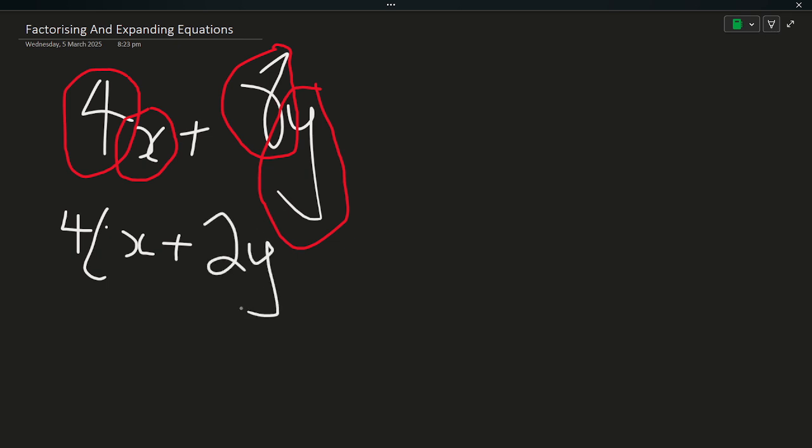Yep, so your answer is 4x plus 2y. If you got this as your answer, congratulations, because it's definitely correct. There is no way it's wrong.